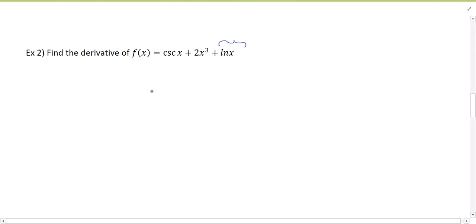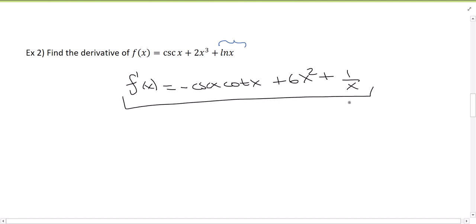So f prime of x is going to be the derivative of cosecant, which is negative cosecant x cotangent x, plus the derivative of 2x to the third, which is 6x squared using the general power rule, plus the derivative of natural log of x, which we just found to be 1 over x. And so this will be my derivative.